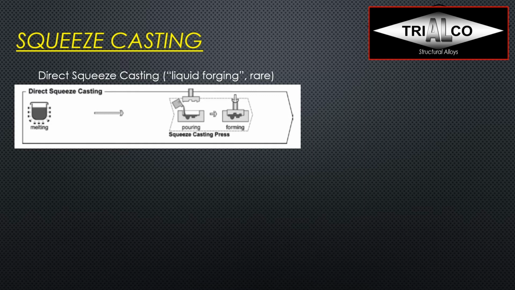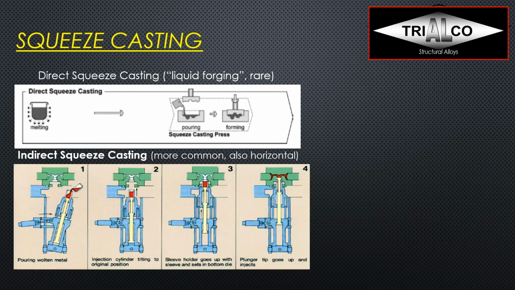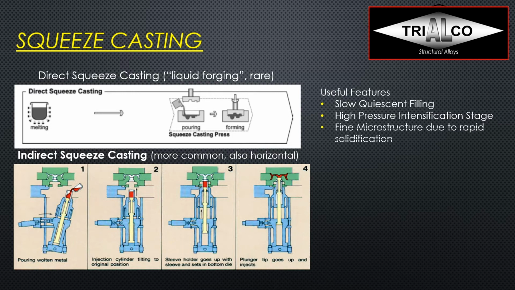The most common one, nevertheless, is called the indirect squeeze casting process, which you can see here, for example. It has a very slow quiescent filling, meaning we don't get the die soldering issue that we have in typical high pressure die casting, and we don't have turbulent filling. We do still have the high pressure intensification stage, like in high pressure die casting, just with even more pressure. We get a very fine microstructure due to the rapid solidification, and we also get high tolerances.